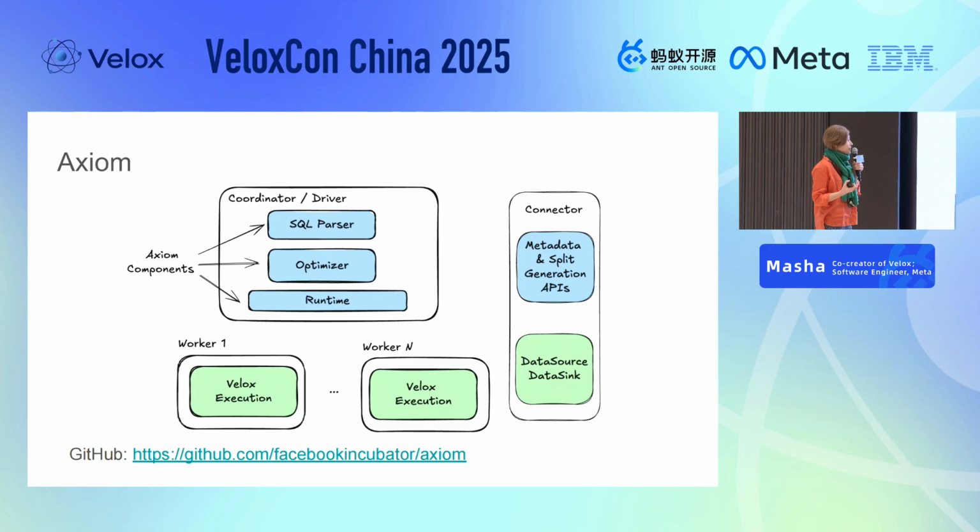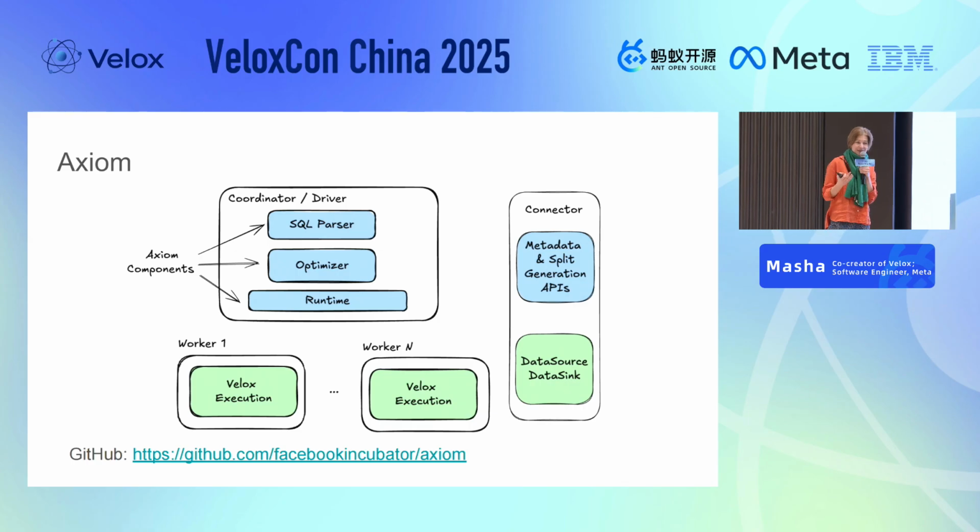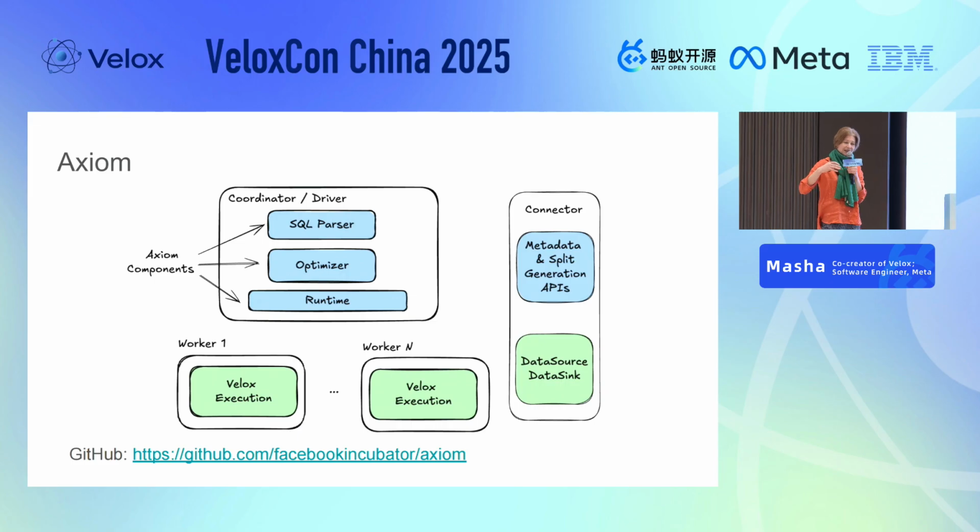And so when we're thinking about opportunities, this is an opportunity to build something new and to make things even better. And we're very happy about the Velox idea of building a library with extensions and allowing other engines to leverage it to rebuild the execution component.